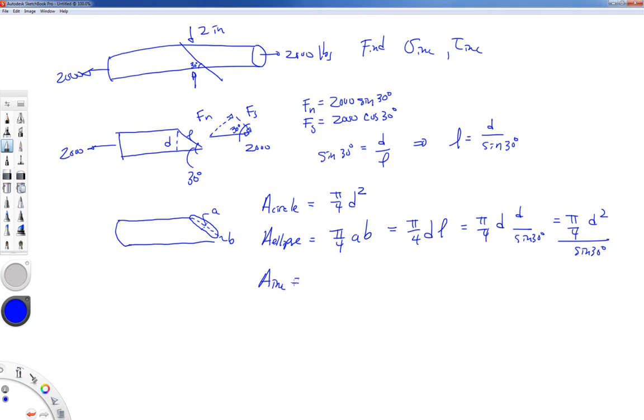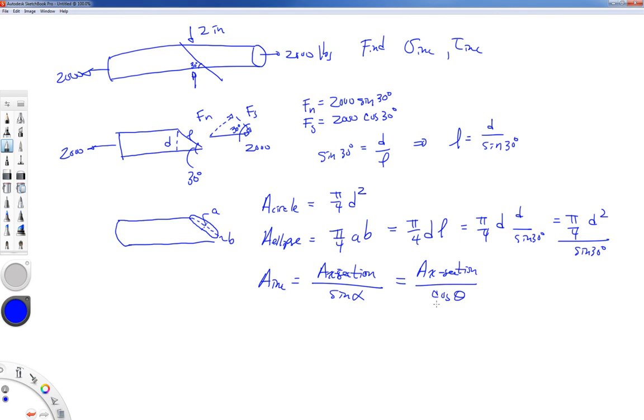The area of the inclined plane is equal to the area of the cross-section divided by the sine of what I had called alpha previously, or if I use the other angle, we still get this formula back, area of the cross-section divided by the cosine of what the book calls theta.